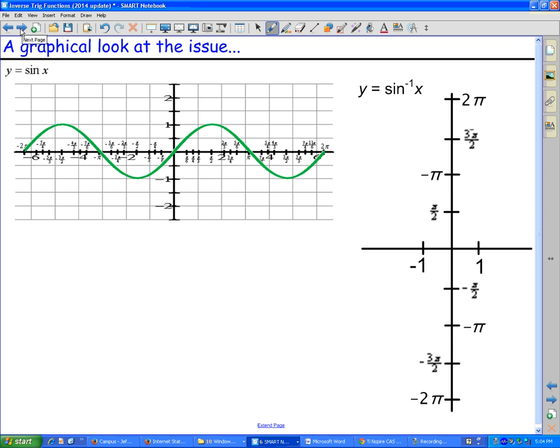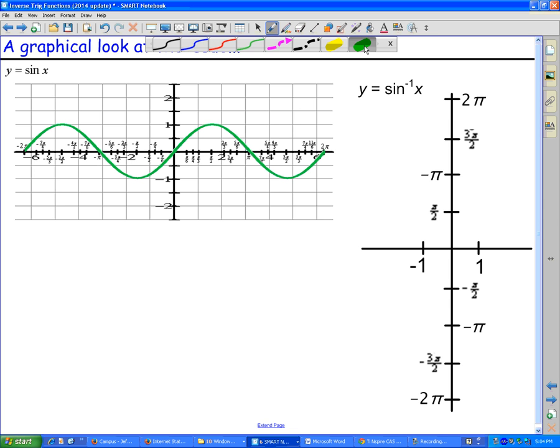Here's a graphical look at the issue. This sine graph is one we haven't seen in a couple weeks, but we certainly are familiar with it from days past. If we took this sine graph, the entire 2-period sine graph you see right here from negative 2 pi to 2 pi, and we reverse the domain and the range, now consider what this means.